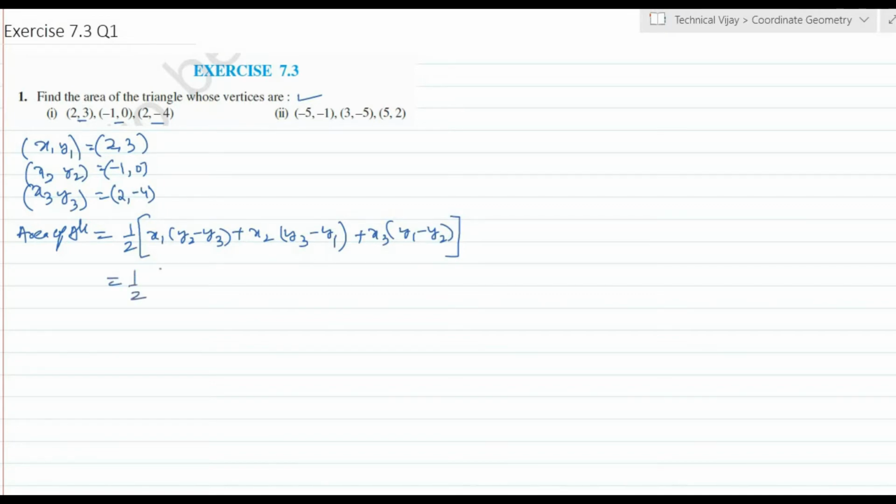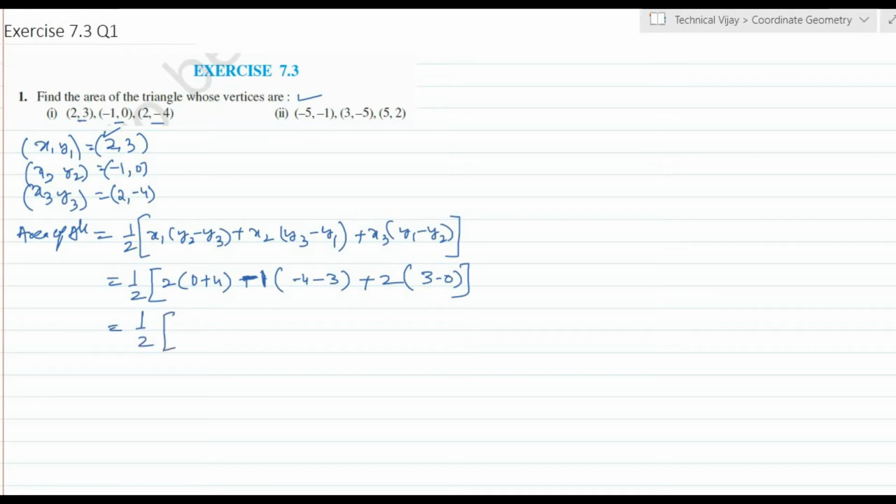So half of, x1 is 2 into (y2 minus y3), that is 0 minus of minus 4, plus x2 means minus 1, into (y3 minus y1), y3 means minus 4, minus 4 minus 3, plus x3 means 2, here y1 is 3 and y2 is 0, 3 minus 0.